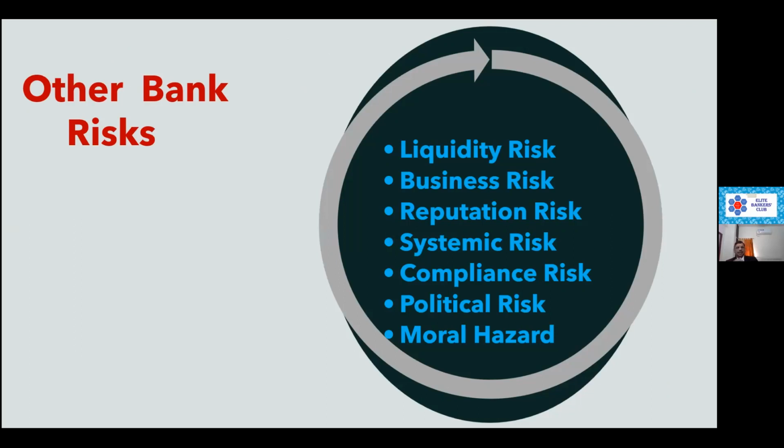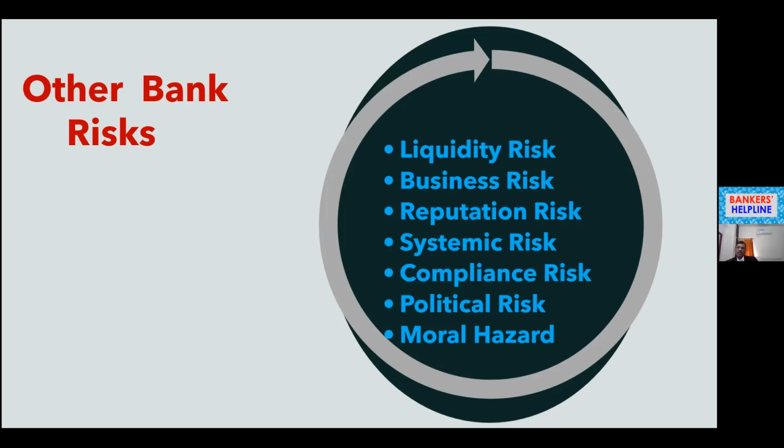Then, as we discussed the financial and non-financial risks, and under non-financial risk, we have discussed the operational risk. In fact, the credit risk, market risk, and operational risk are the most important risks of the banking industry.